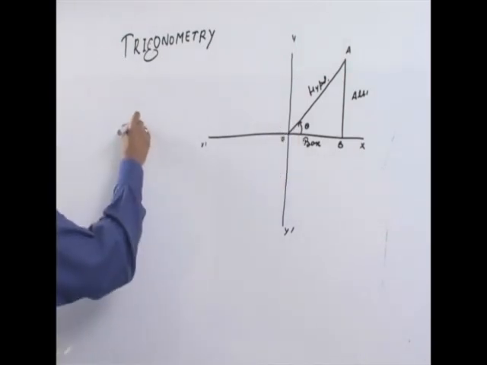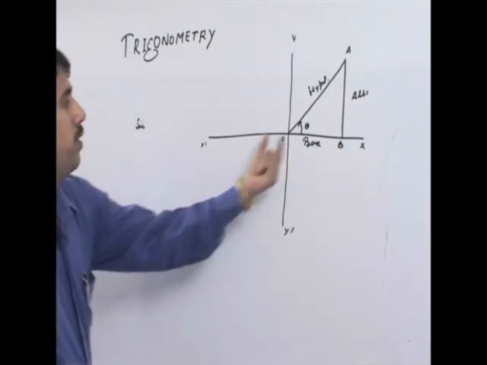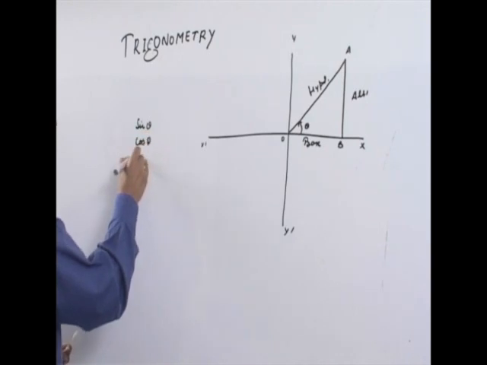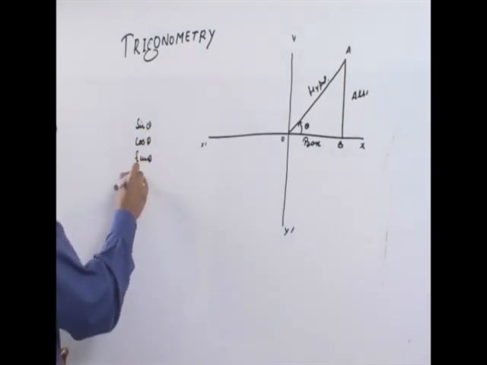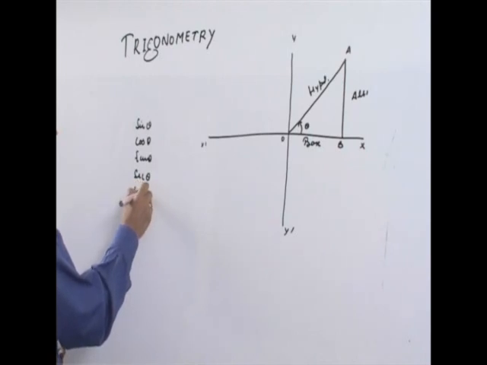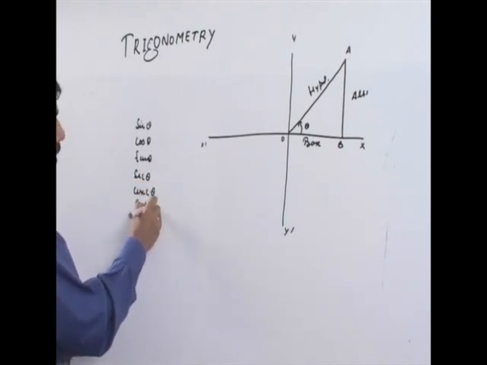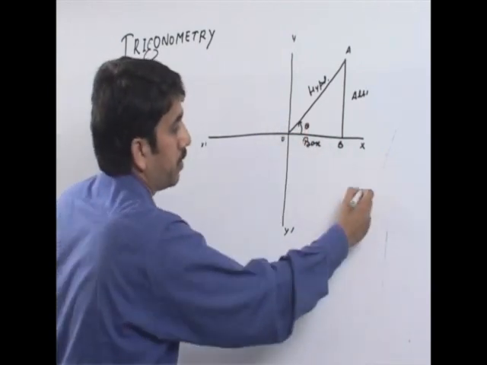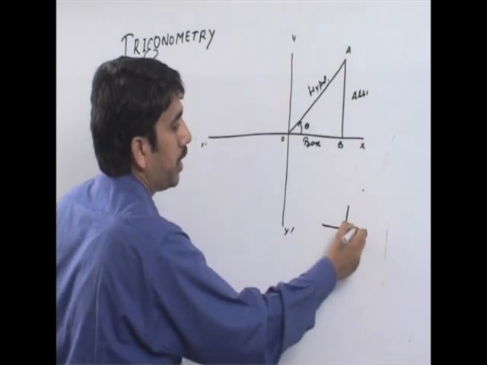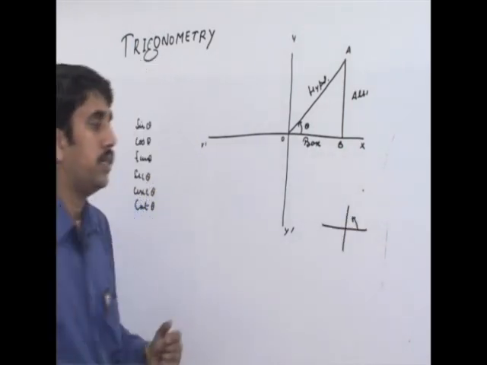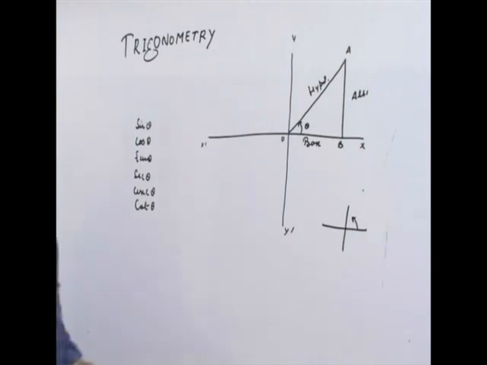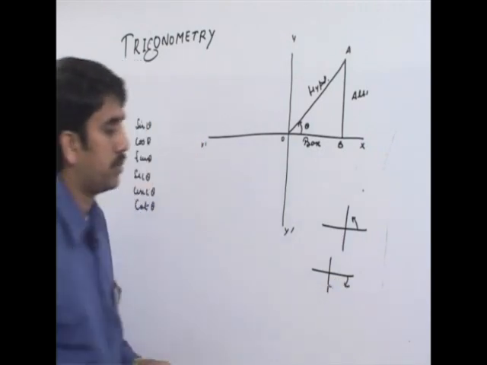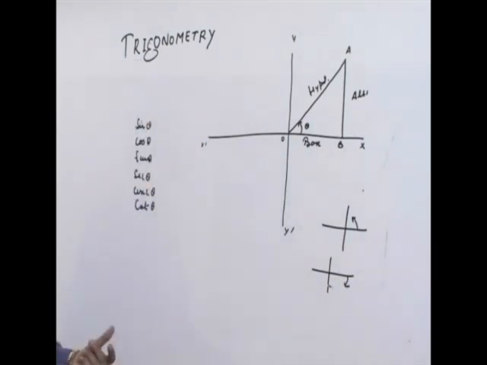Now all the trigonometric functions like sin theta, cos theta, tan theta, secant theta, cosecant theta, and cot theta will be positive in this quadrant, because if we take angle in anti-clockwise direction, this angle is made as a positive angle, and if we take this angle in clockwise direction, then this is taken as negative angle.